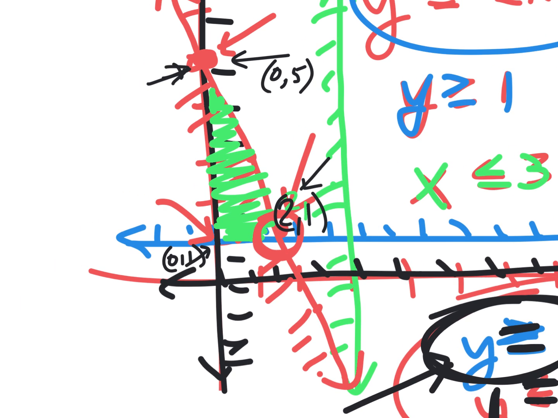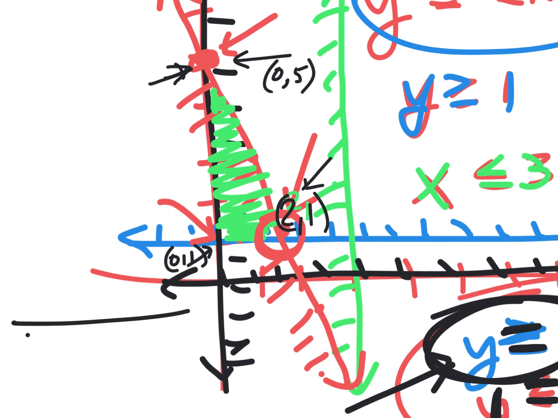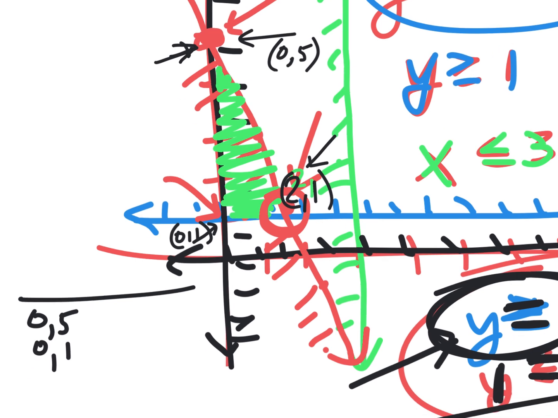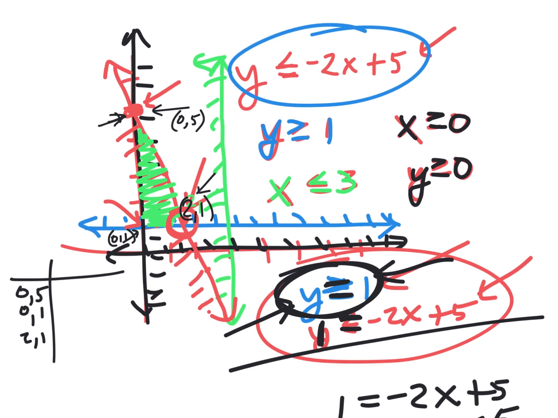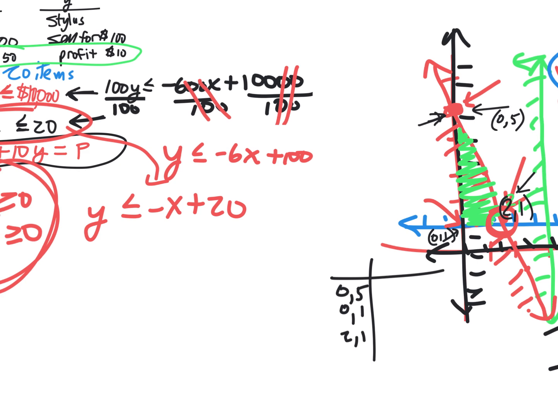Would you please list those 3 spots in a little table? And see which of them gives you the most profit. Now, we're going to use the same profit for this as we had over here.